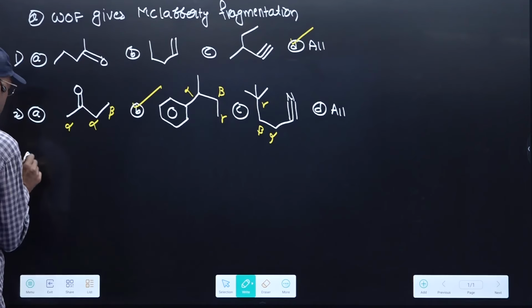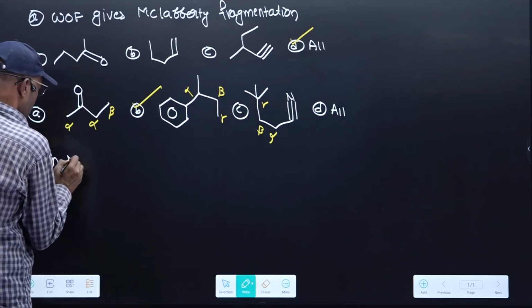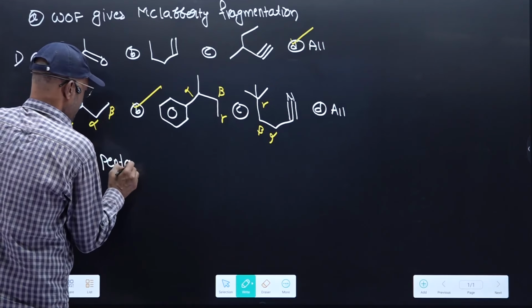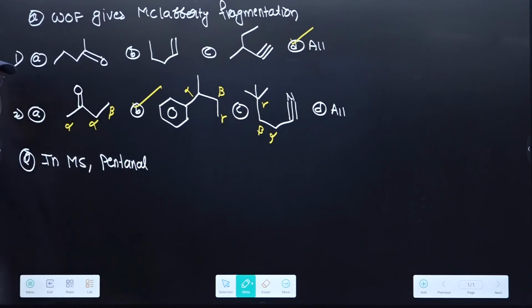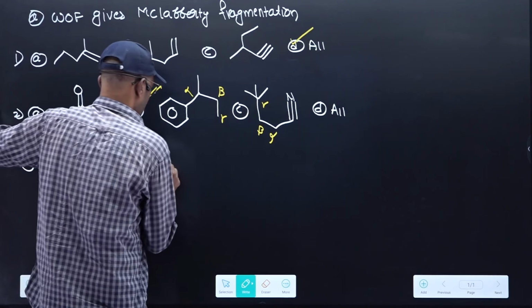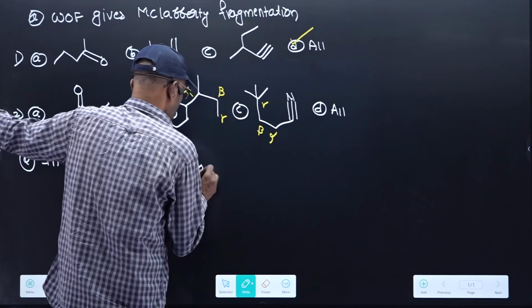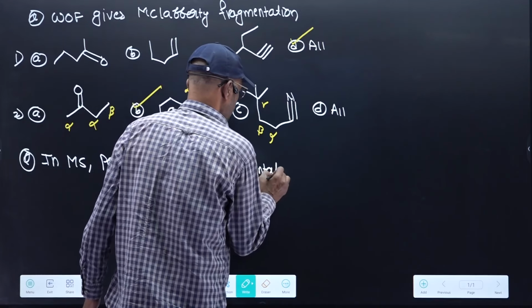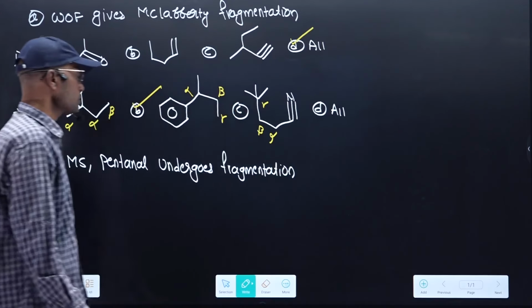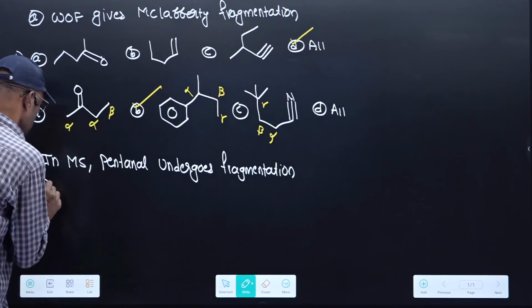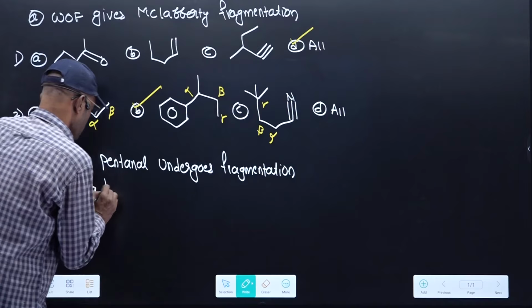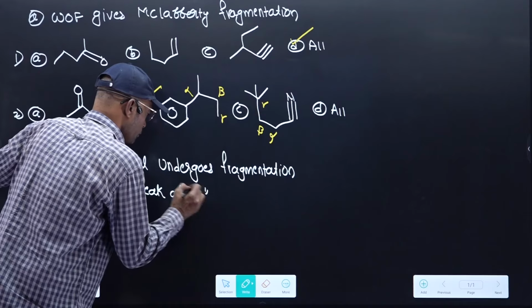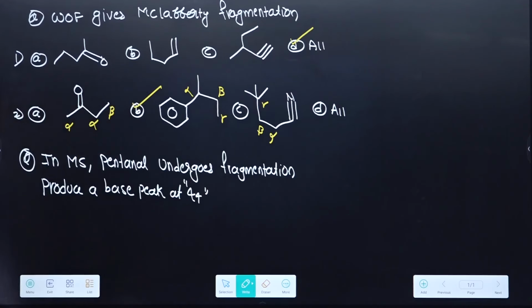Okay, right. In mass spectrometry, pentanol undergoes fragmentation and produces a base peak at 44.